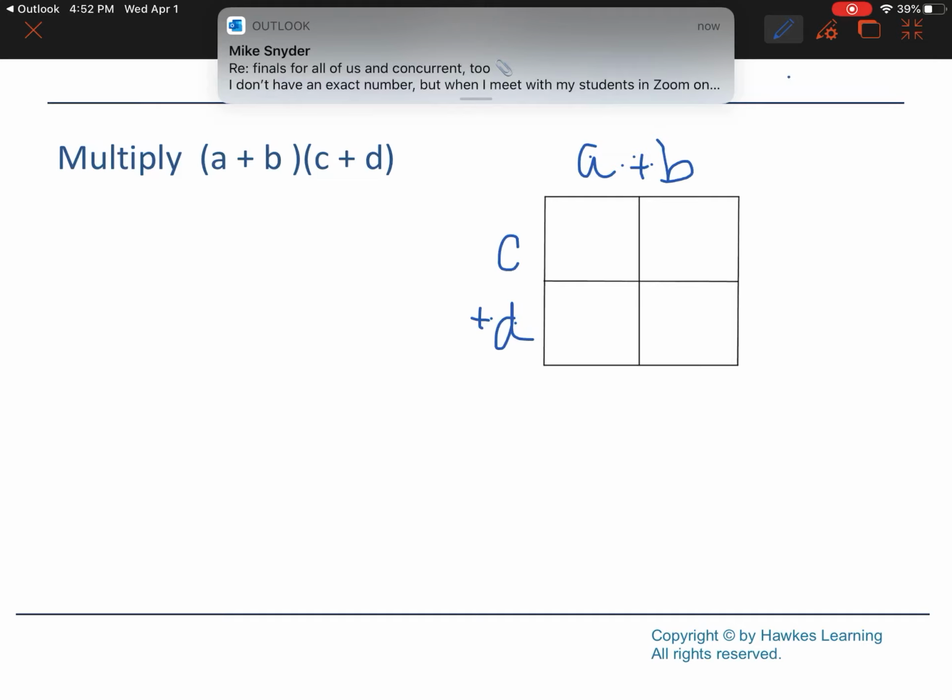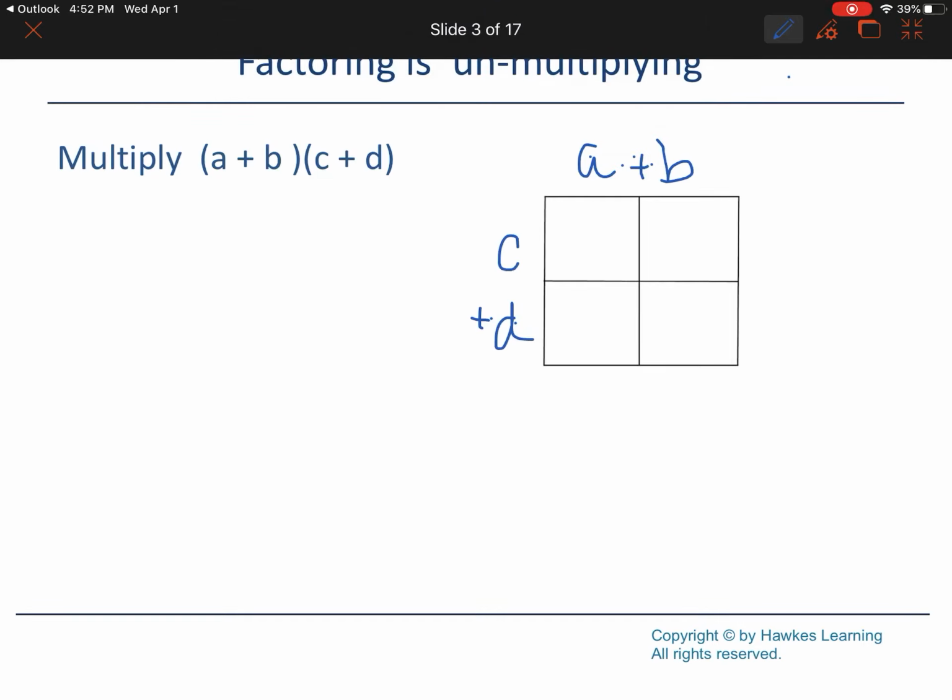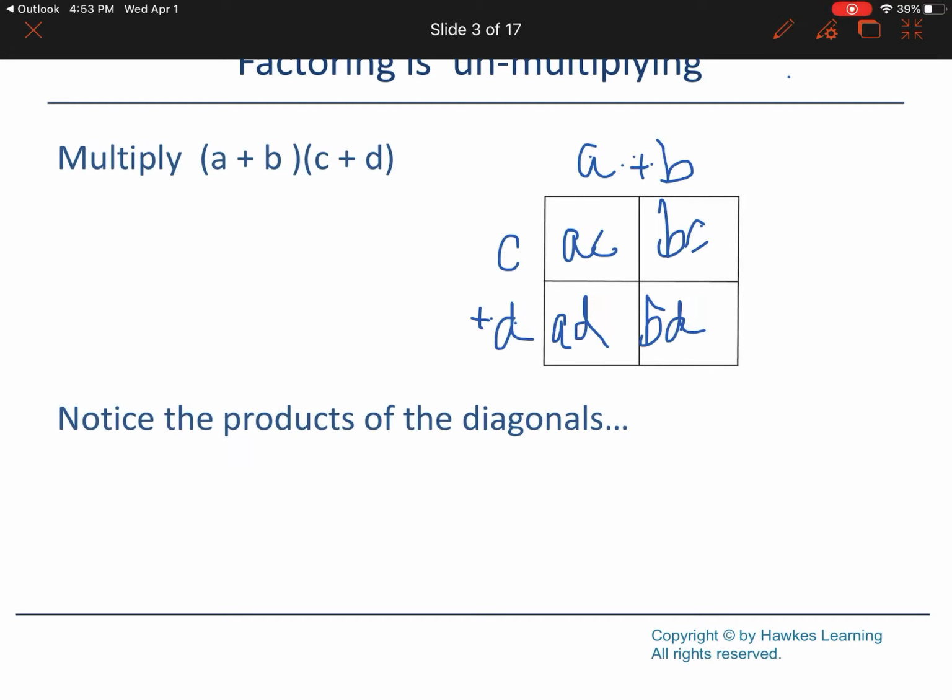So when we multiply, this would be AC, this would be BC, this would be AD, and this would be BD. So now what we want to look at is the diagonals of the box.